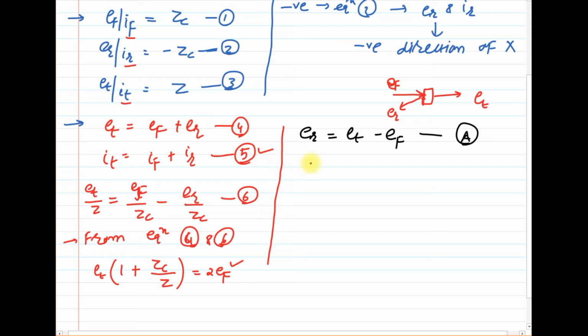In the same way, from equation number 6, make ER the subject again.